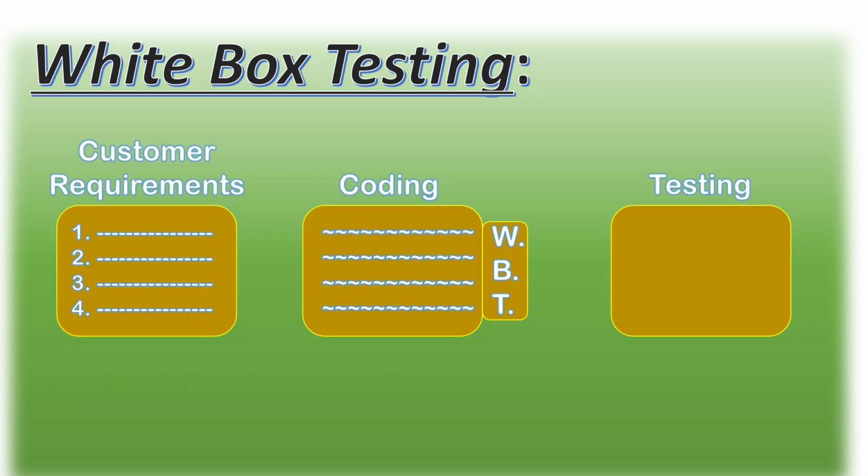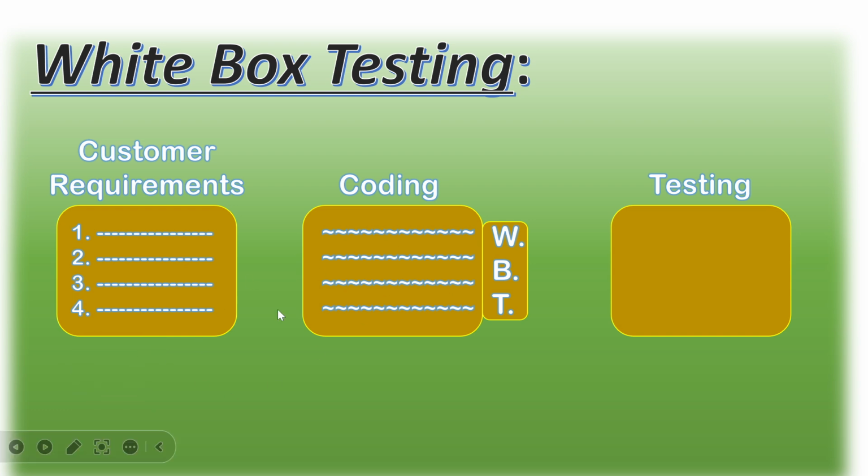Alright, so let's see the diagram which is representing the white box testing process. First one is the customer's requirement. Generally we get the customer's requirement in the form of CRS or SRS. CRS means customer requirement specification and SRS means software requirement specification.